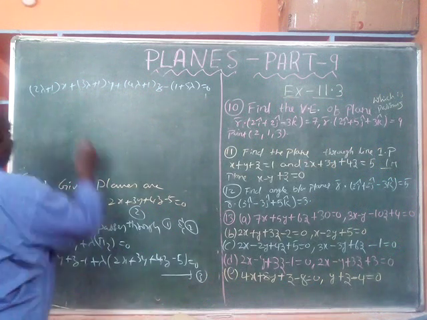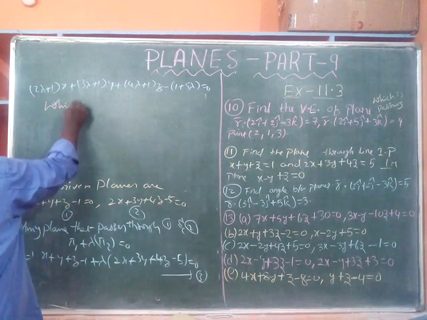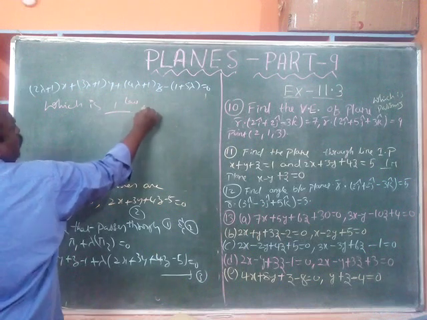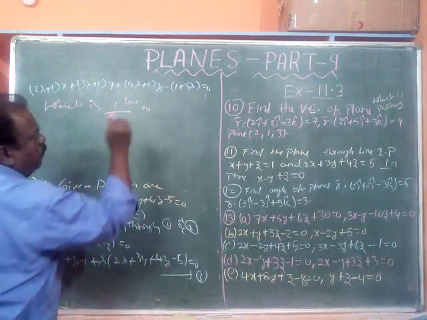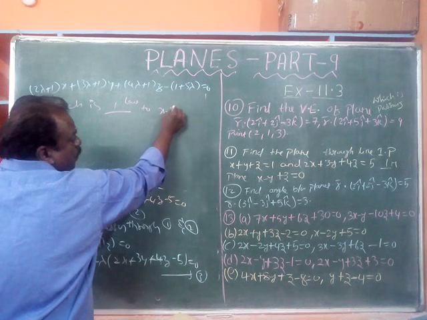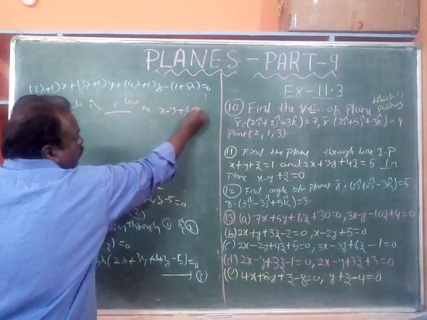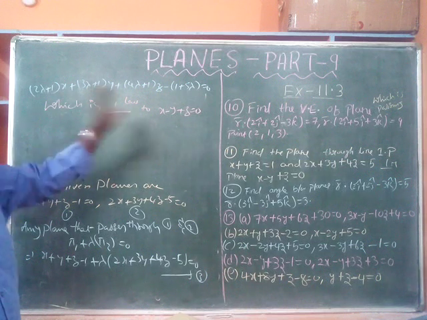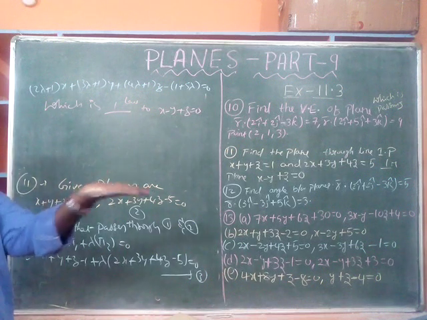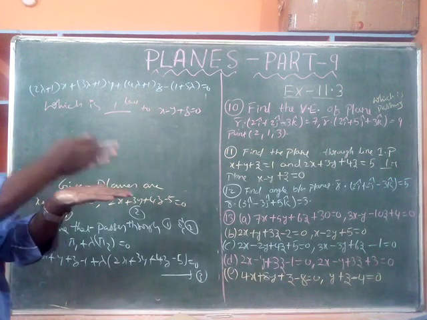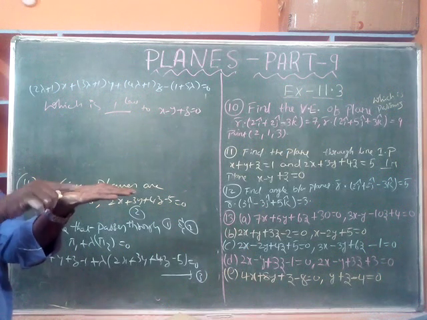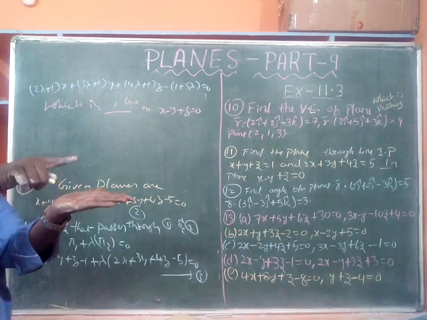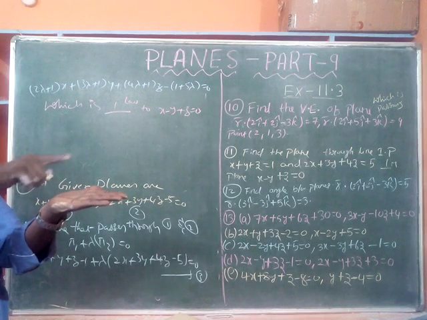This is perpendicular to the plane x minus y plus z is equal to 0. A plane is like that, another plane is perpendicular, and its normal is there, its normal also there. So both are at right angles.